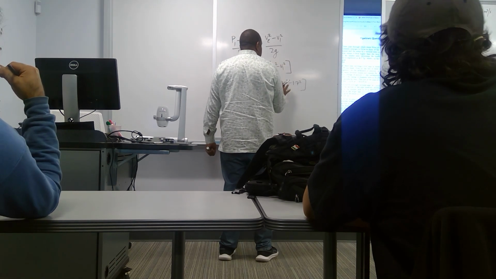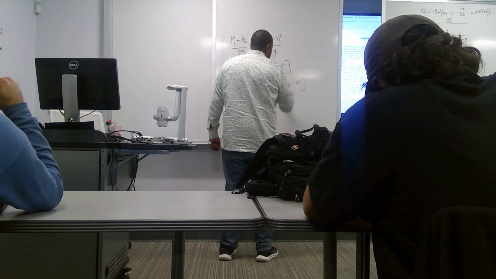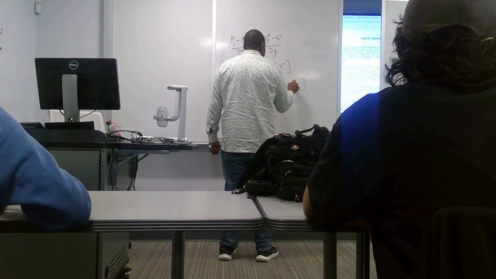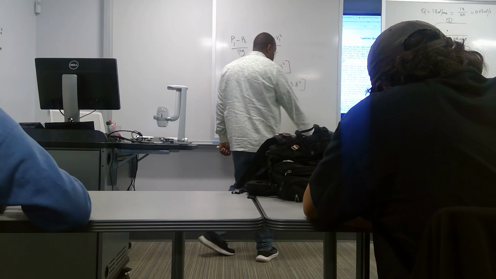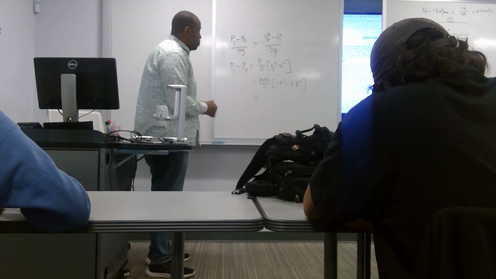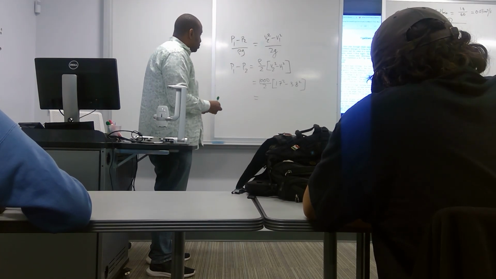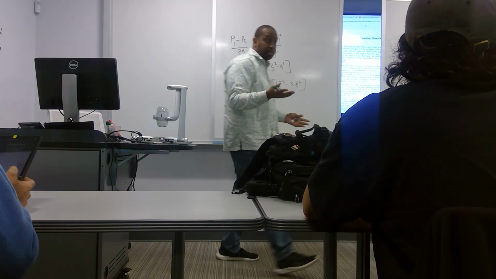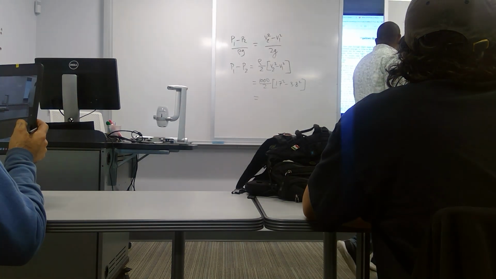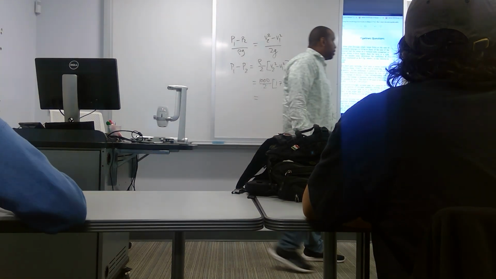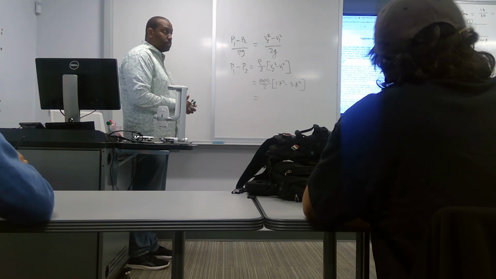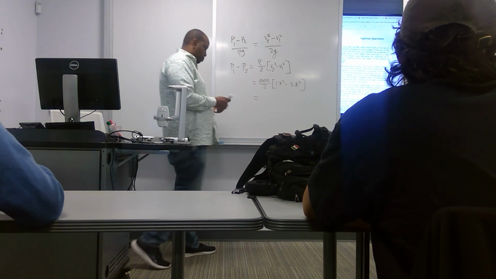So this would be 1.7 squared, and we'll end up with a negative answer as well. It should be 5,000 and something. Yes, 5.85.